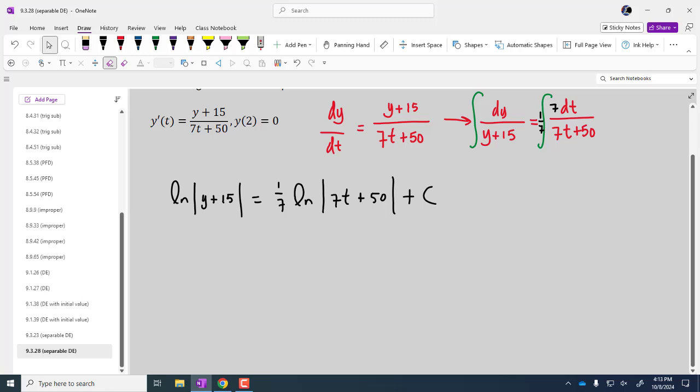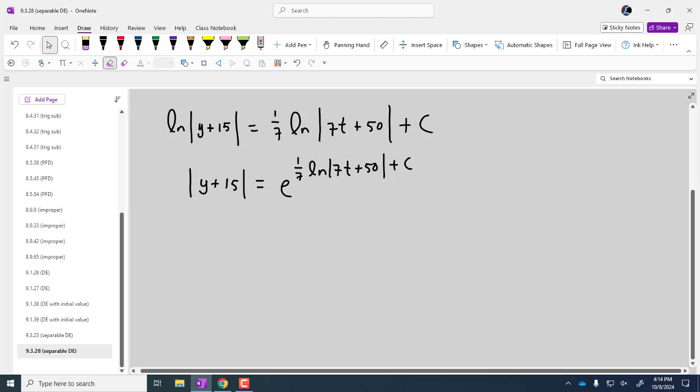So now this is the one that's got a little bit of trickiness with the absolute value. We're going to exponentiate both sides, and we cannot take away the absolute value right now, the right-hand side is always positive. But what we can do is break off this c, and we can separate this and make it c e to the 1/7 natural log absolute 7t plus 50.